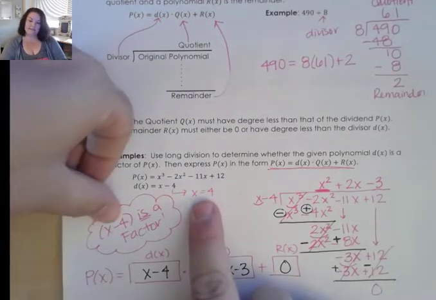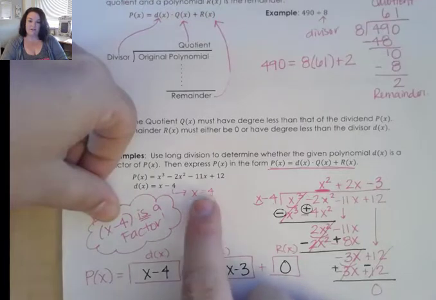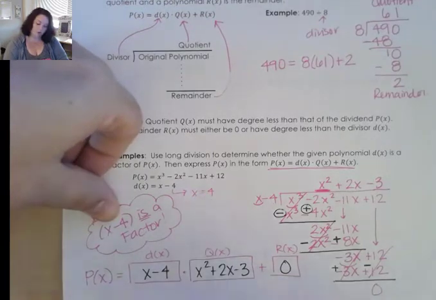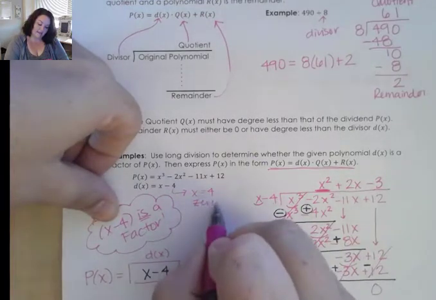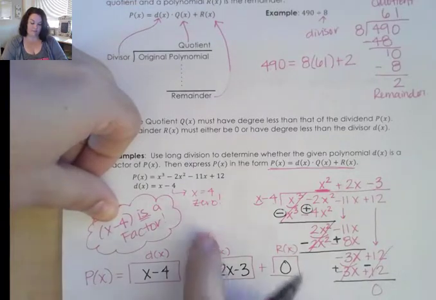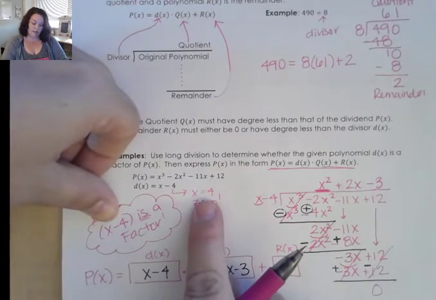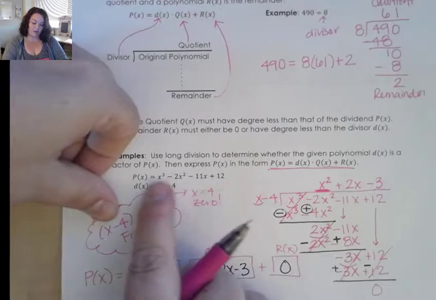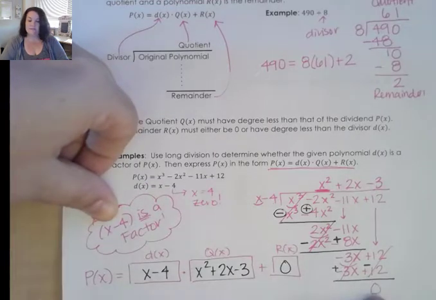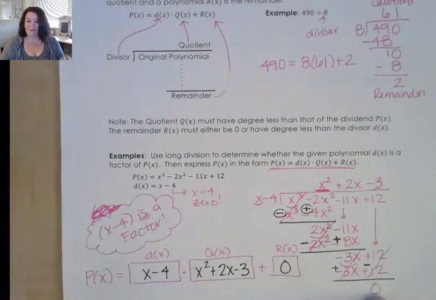If this quantity is a factor, then that means its solved form is actually a 0. Or in other words, if I were to take x equals 4 and plug it into this original polynomial, it would equal 0. It gives me a 0 of the polynomial.